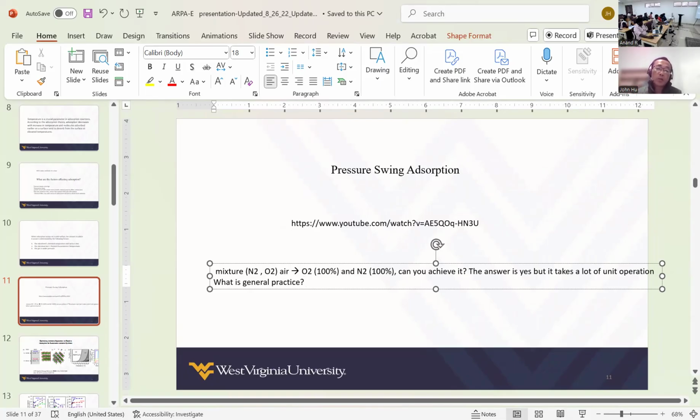You have to ask yourself, is oxygen important or nitrogen important? If nitrogen is important, for ammonia, okay, then you basically push nitrogen to 100%.